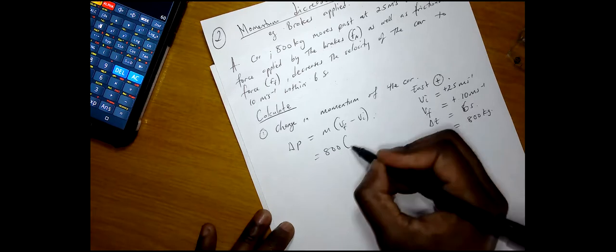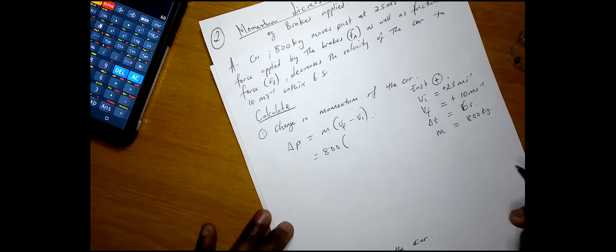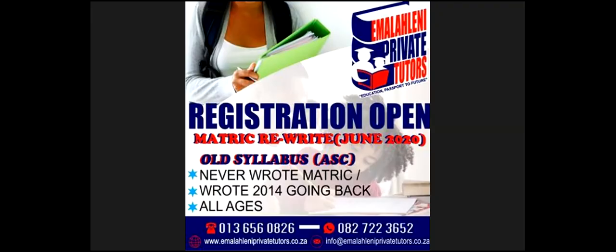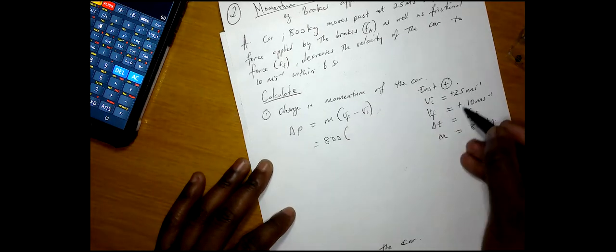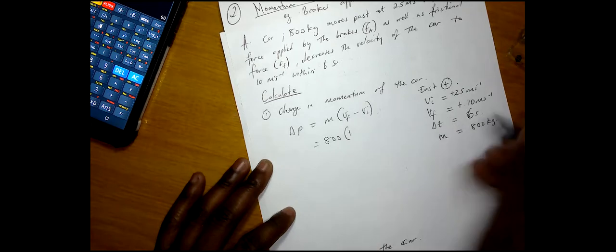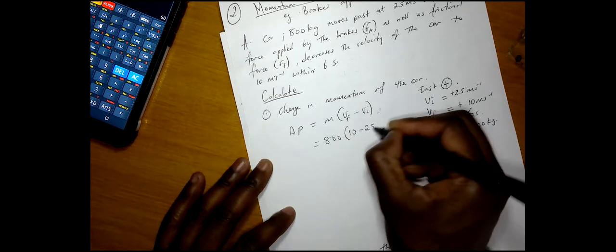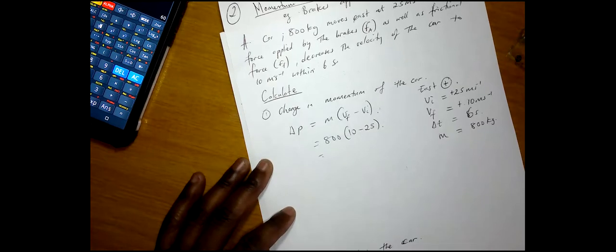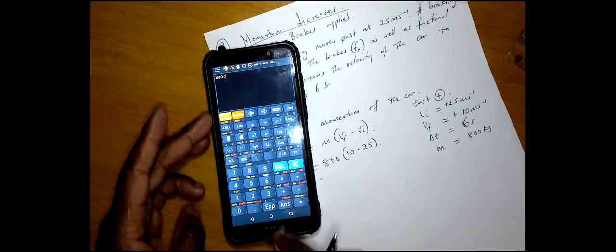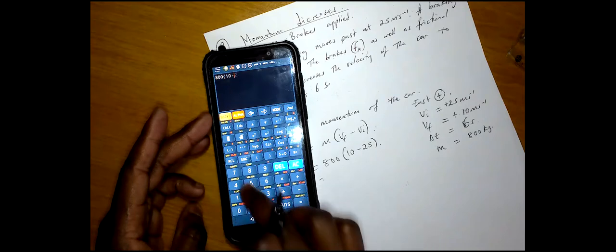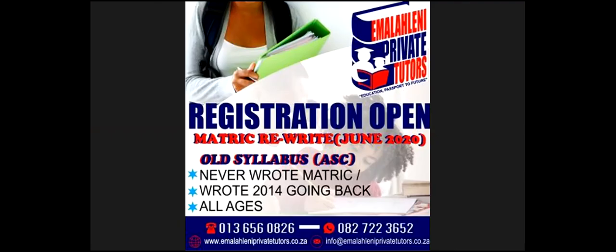V final is 10, minus 25. So it's going to be 800 in brackets, 10 minus 25. What do we get here? Minus 12,000.